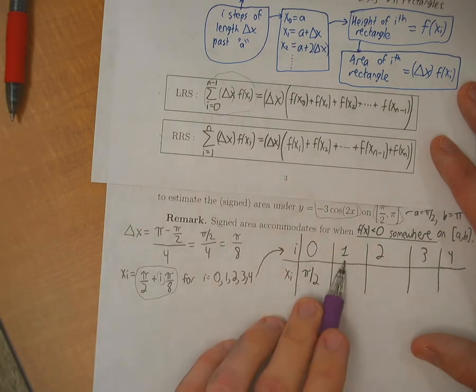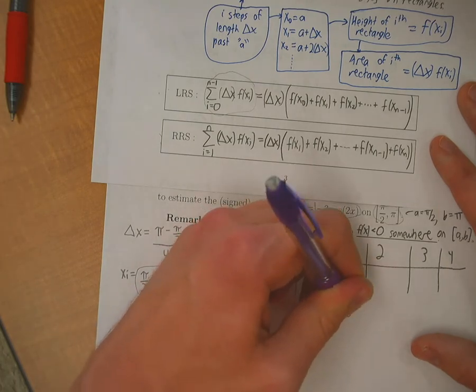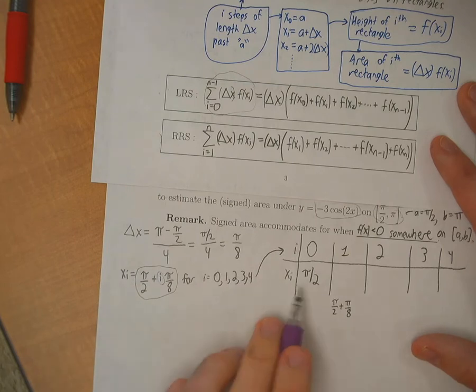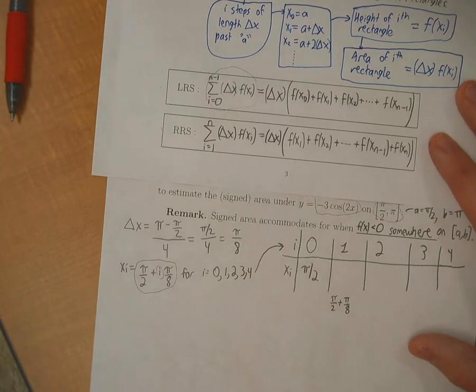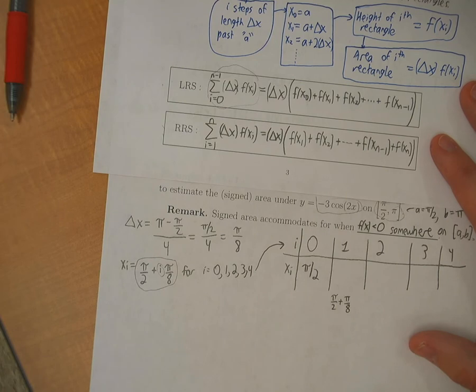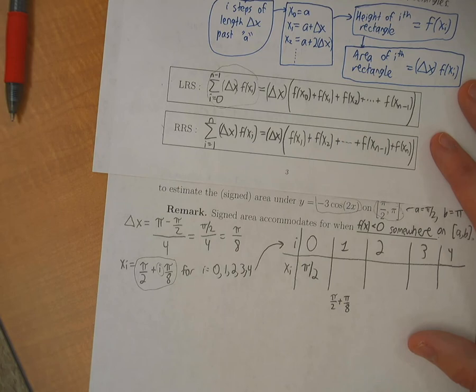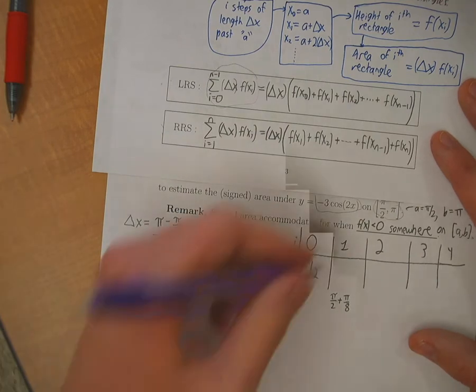Now let's let i equal 1. You should end up with pi over 2 plus pi over 8. Simplified, x sub 1 is 5 pi over 8.